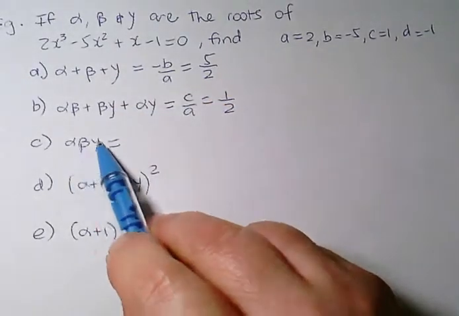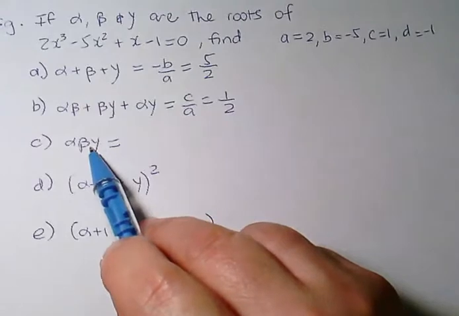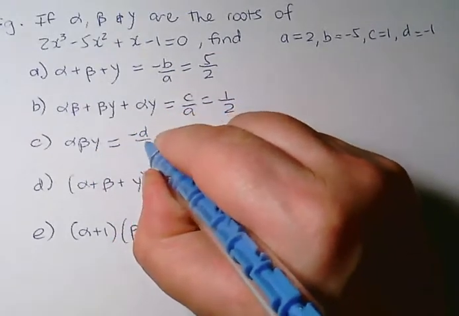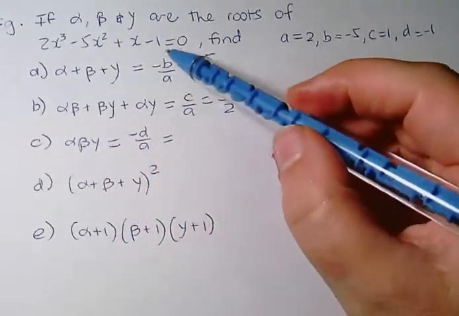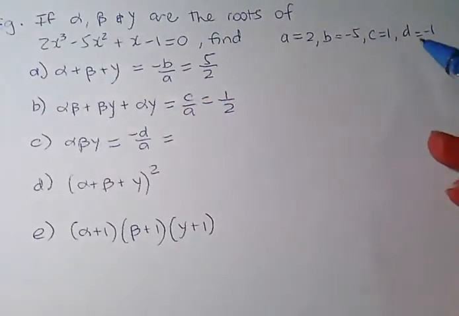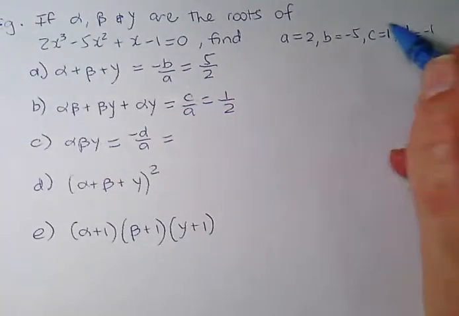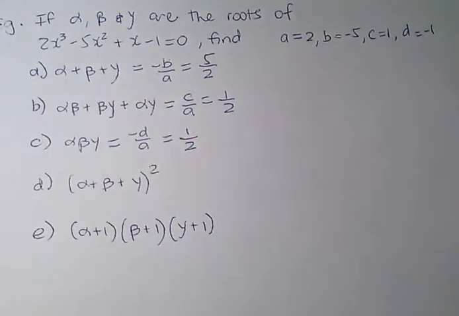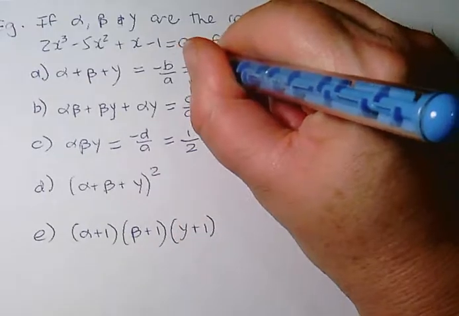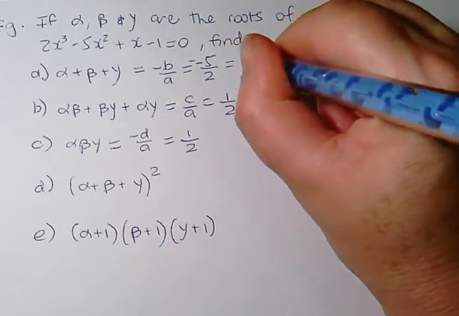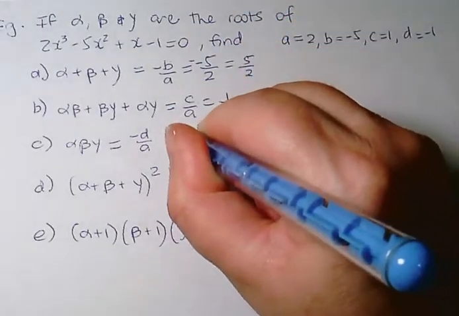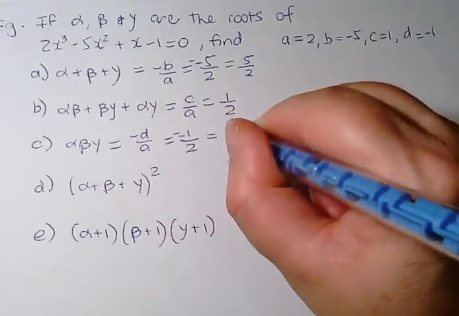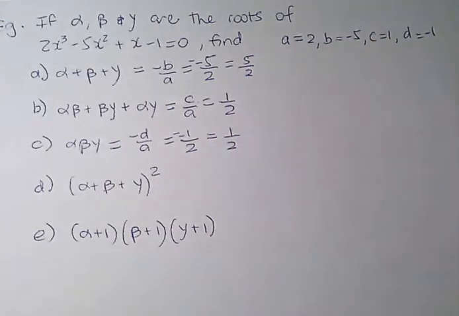And this is the sum of roots 3 at a time or product of roots. And we know that that is negative D on A, because we go minus B on A, C on A, negative D on A. So that's negative negative 1, which is positive 1 over 2 as well. I can write these as negative negative 5 on A, which is 5 on 2, negative negative 1 on 2, which is a half, if you want to show a working.